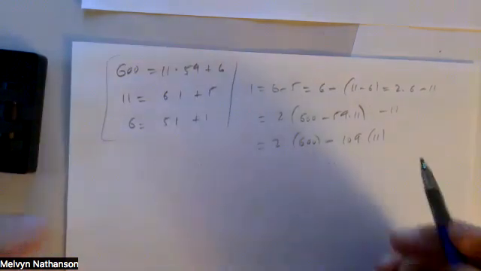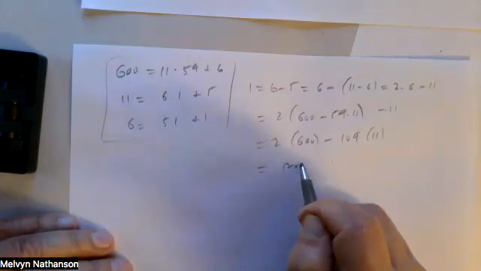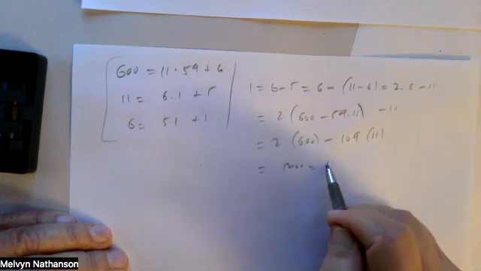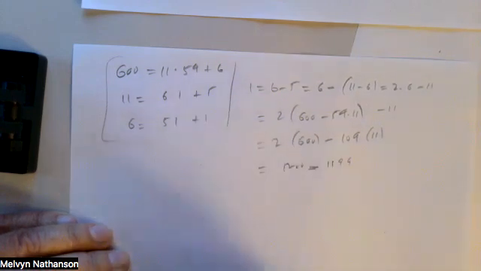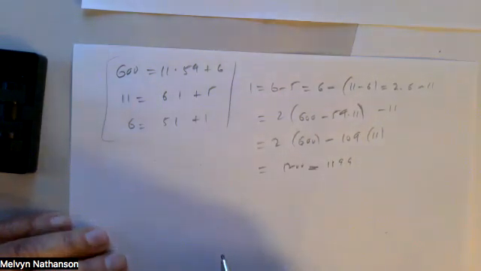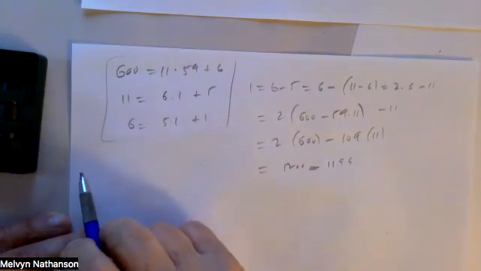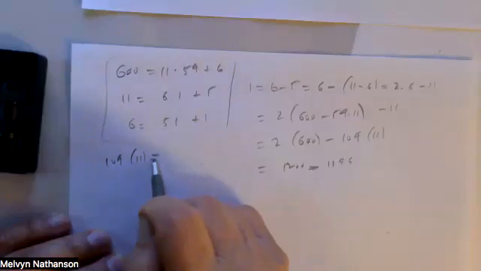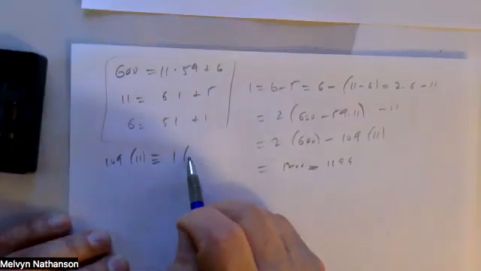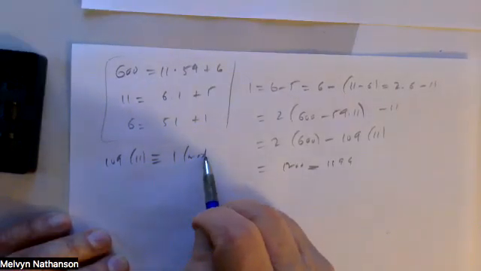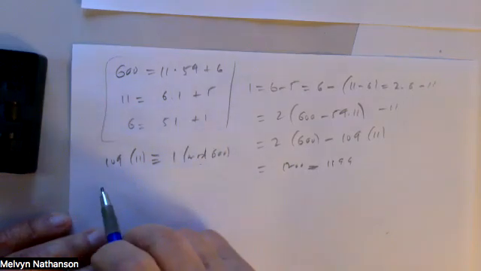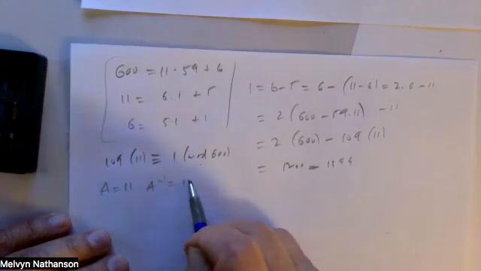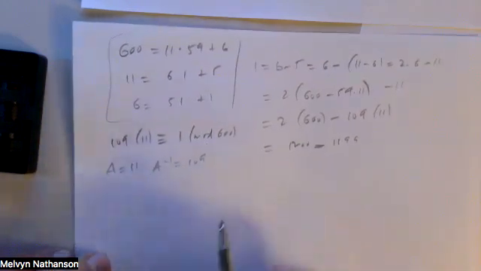And this is, in fact, correct because this is 1200 minus 1199. So this says that 109 times 11 is congruent to 1 mod 600. So if A is 11, A inverse is 109.